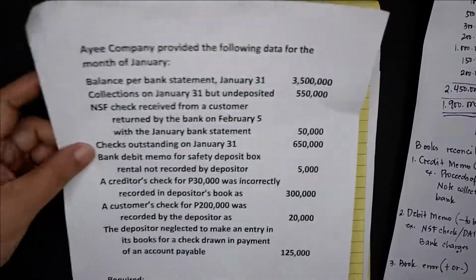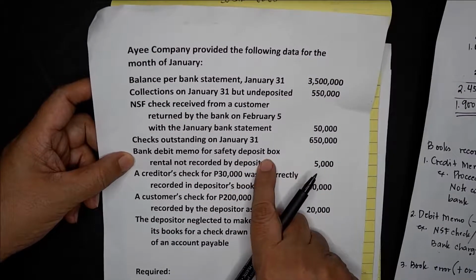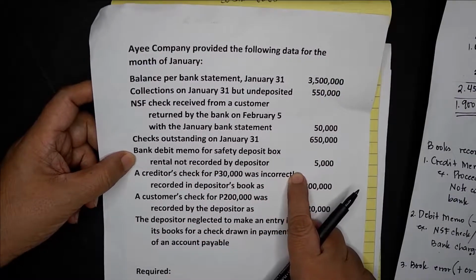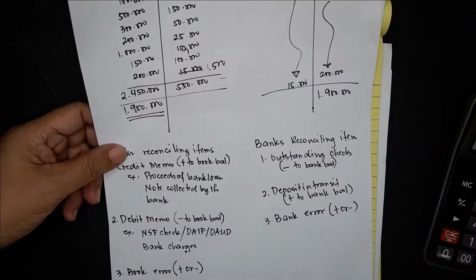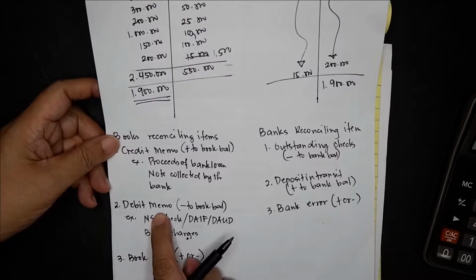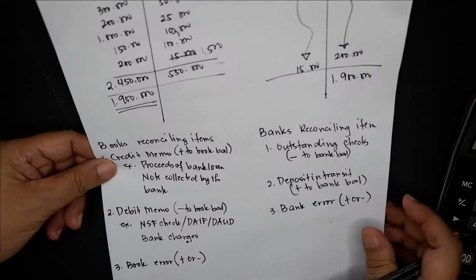Then we have 5,000 bank debit memo for safety deposit box rental not recorded by depositor. Whose reconciling item is debit memo? That is the book's reconciling item, minus to book balance.